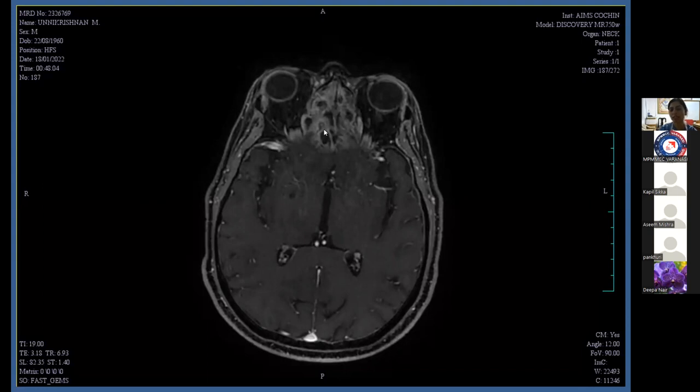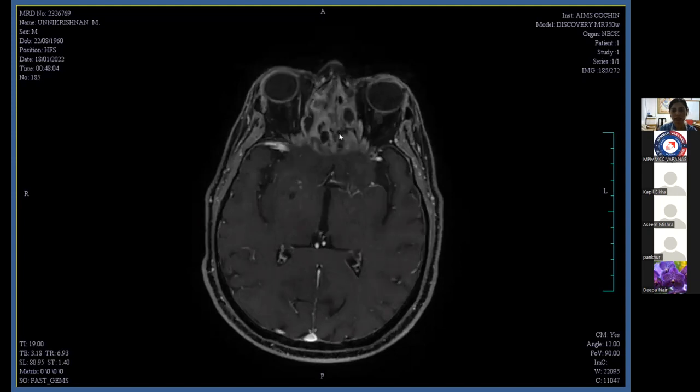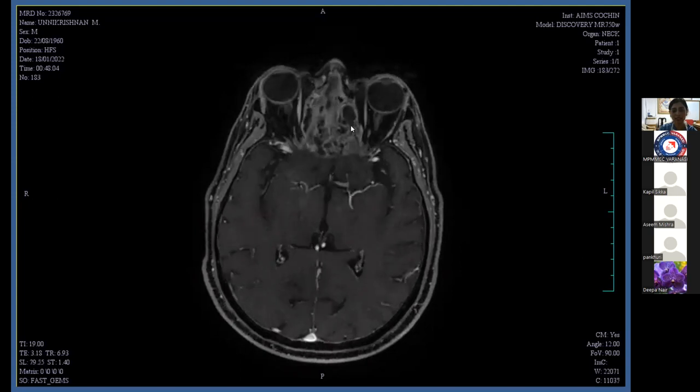As such, the whole structure is not enhancing. So in the center, there could be necrosis, there could be fluid, which I will confirm on T2. So this multiloculated cystic lesion is involving the whole ethmoid gallery, abutting the right side lamina and left side lamina also, and anteriorly the nasal bone.